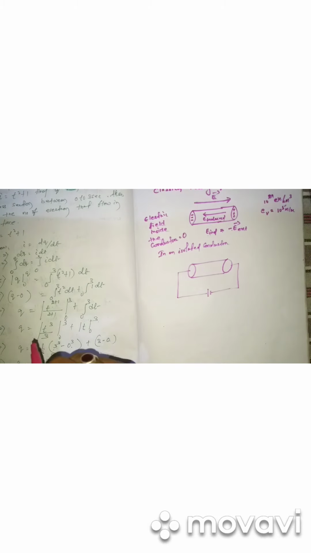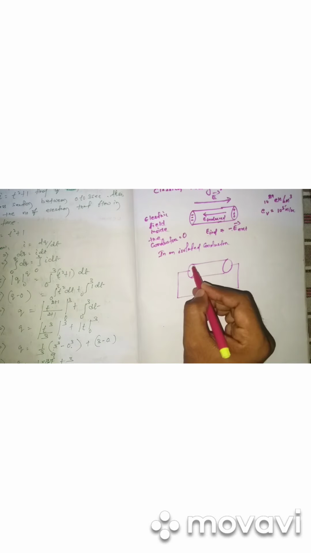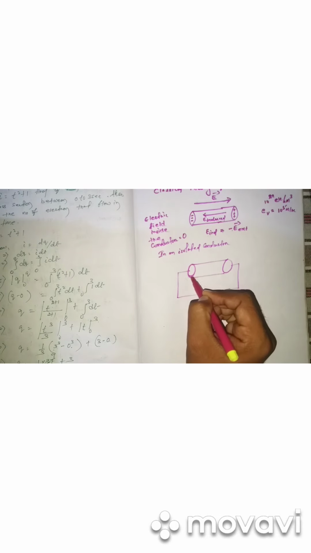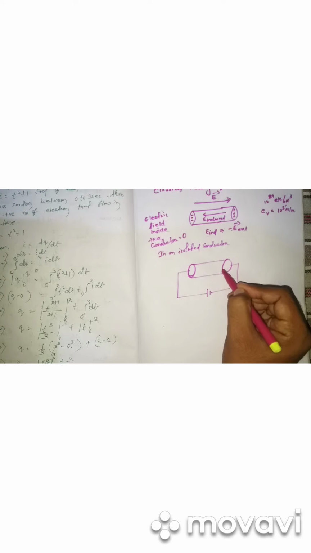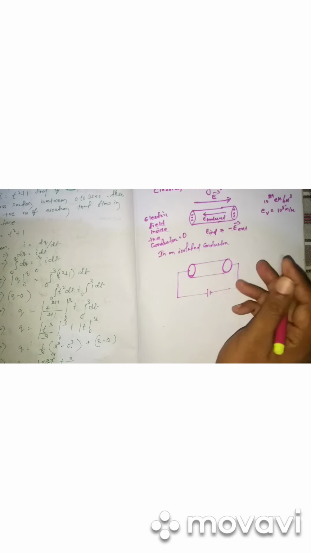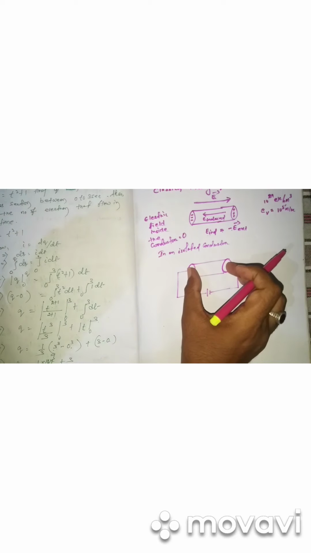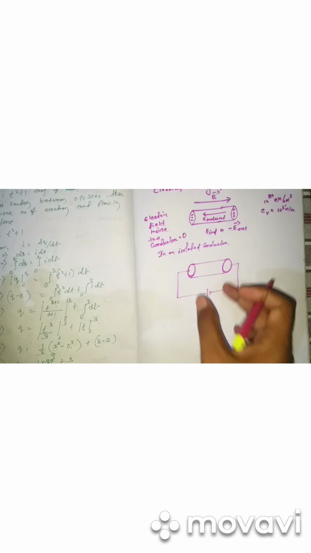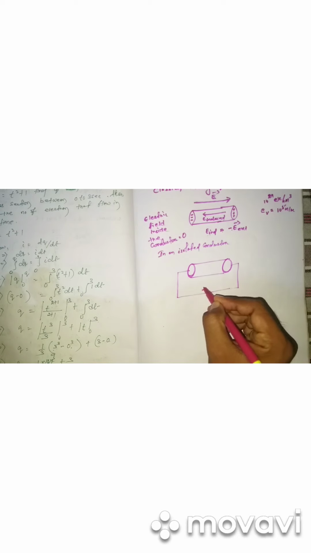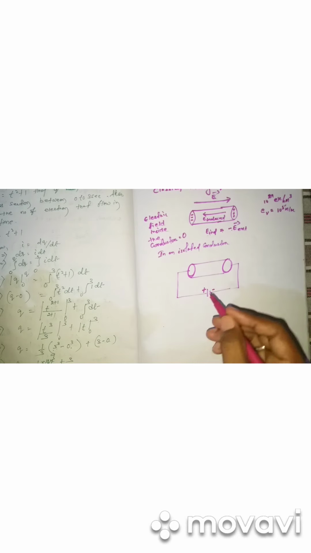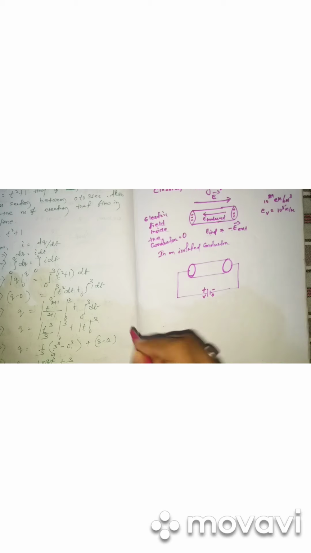In that case, the charges accumulated at the ends of the conductor gradually decrease, because one end is positive and the other is negative. If you assume one end is V volt and the other is 0 volt, the negative becomes 0 and the positive becomes V volt.